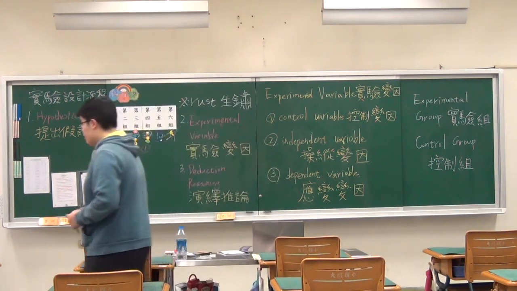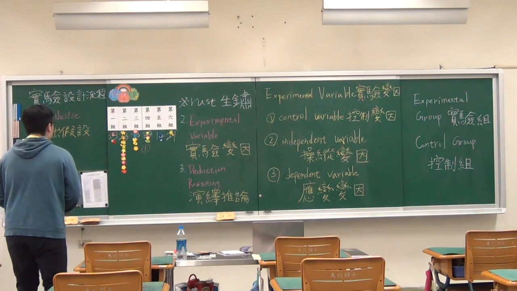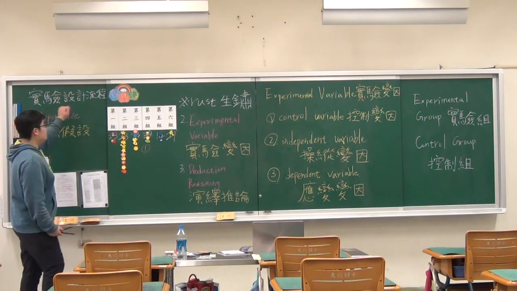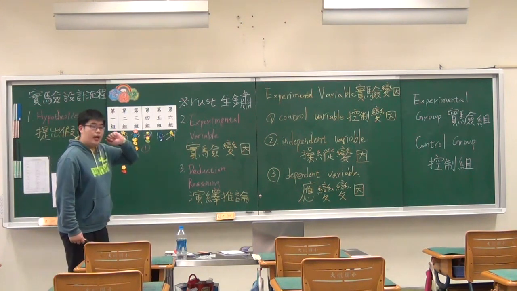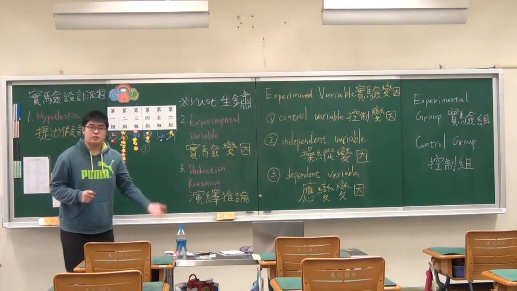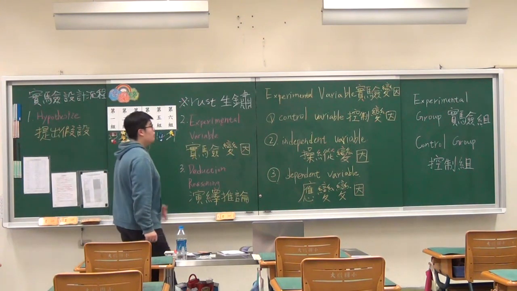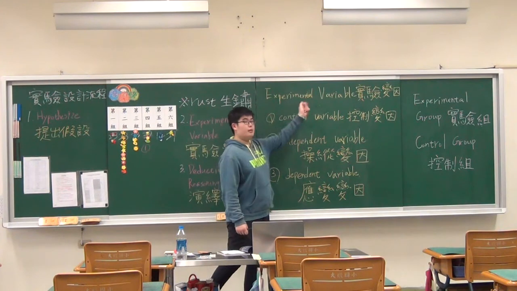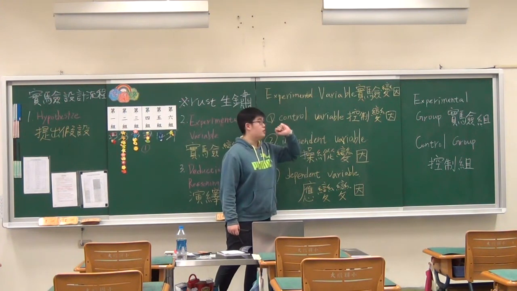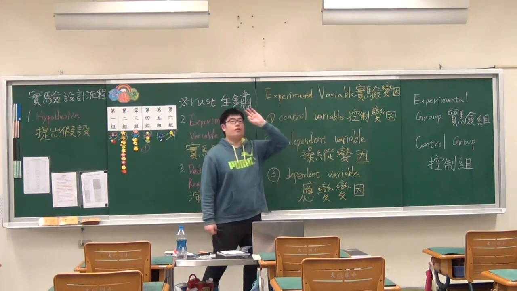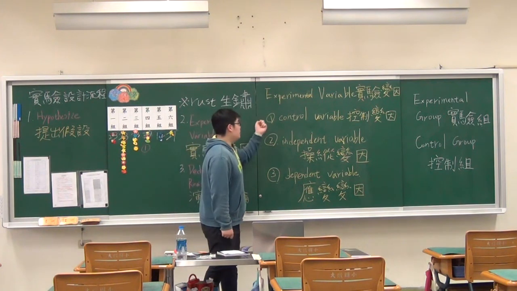Now, the mission of the class is to make an experimental design. But before we get right into the design, we have to know the experimental variables. There are 3 points of the experimental variable.